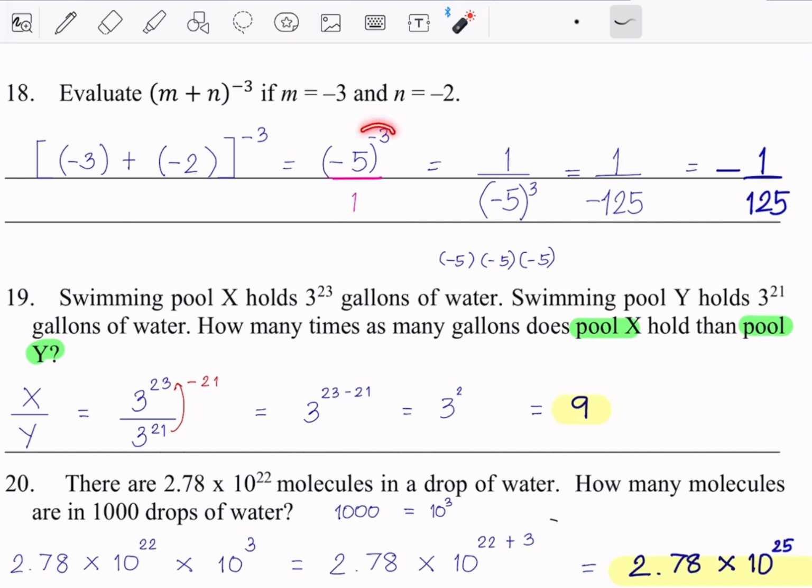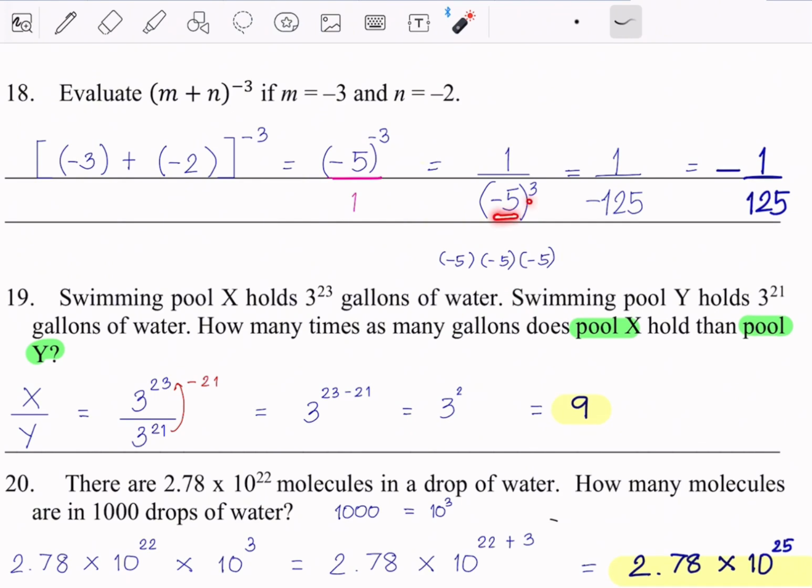To change it to positive, we have to switch it down. So this seems like we have over 1. So 1 goes up and this value goes down. Now the exponent is already positive. But then we still have to evaluate it.